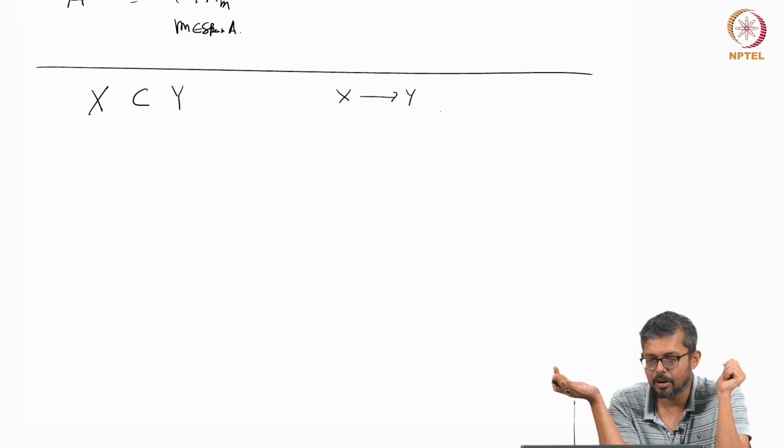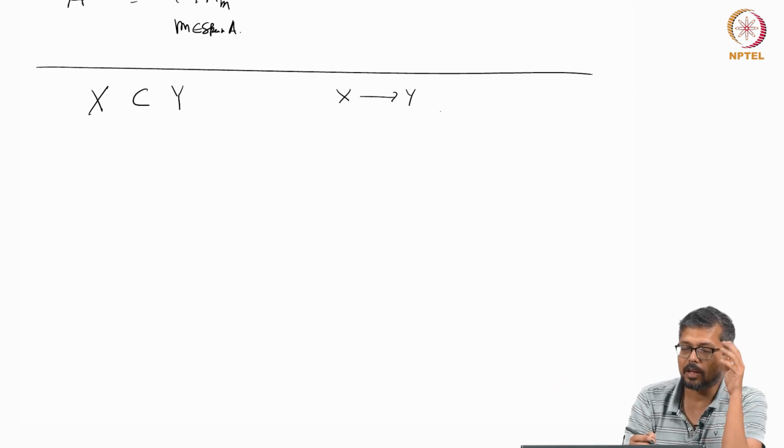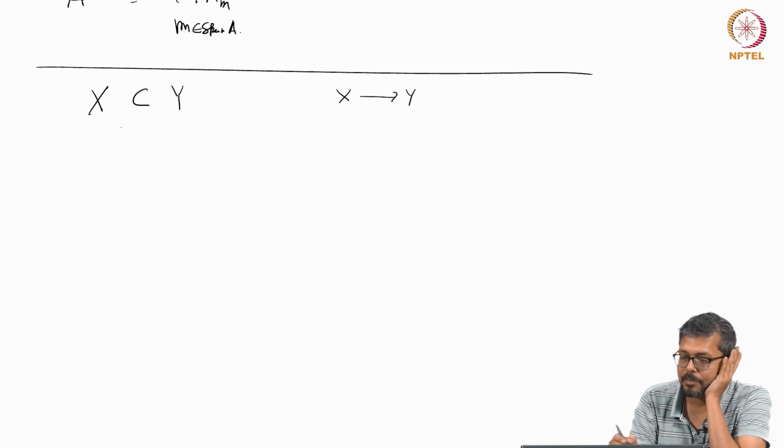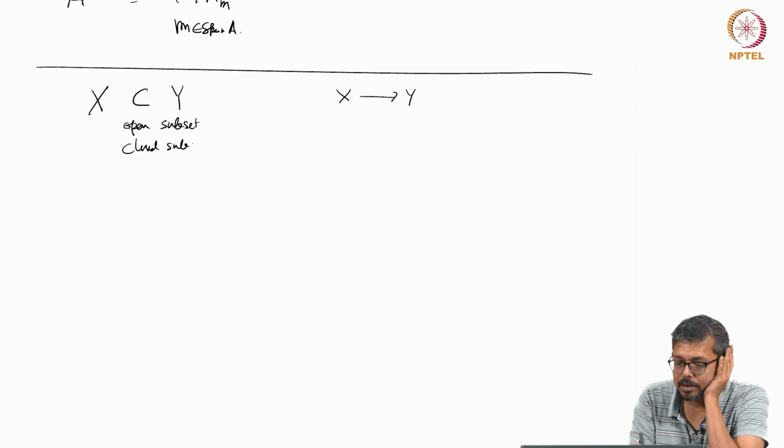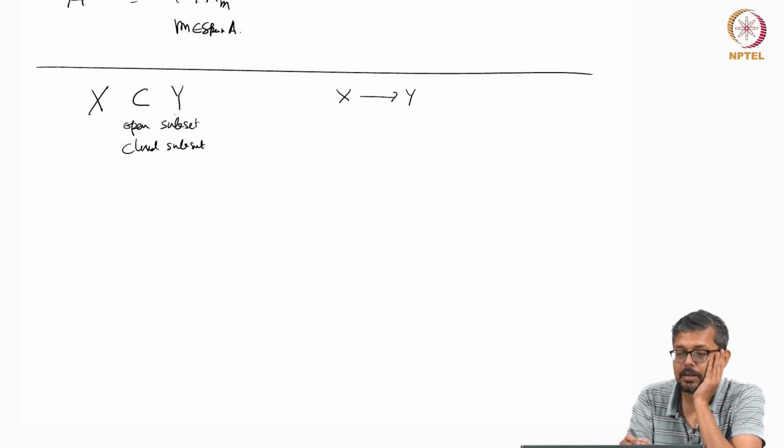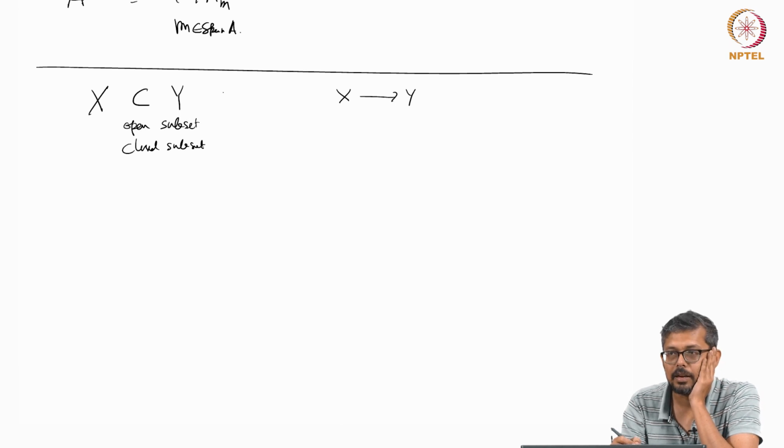Those things will come, but I have not defined the derivative so far. I am saying that these are the basic maps, open subsets and closed subsets. If X is an open subset of Y or X is a closed subset of Y, then there is a map from X to Y.